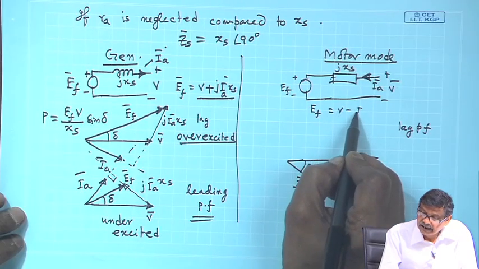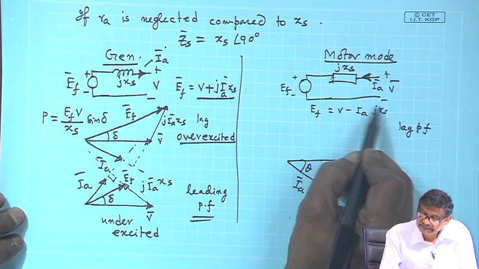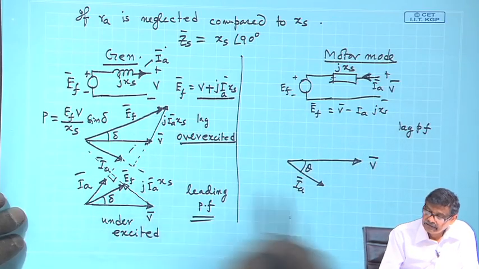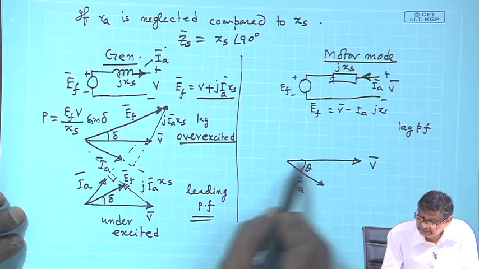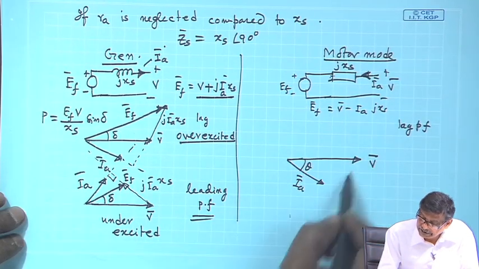From V, E_f is V minus jI_A X_s. So, jI_A X_s is this way. So, negative of that.